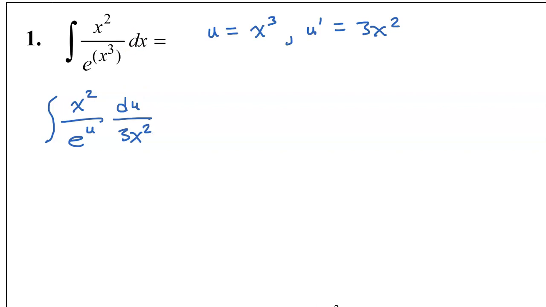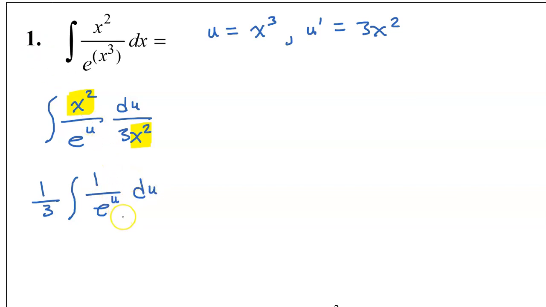But then we notice that we have x squared in the numerator and in the denominator, so these will cancel each other out. The 3 in the denominator can be brought out in front of the integral as 1/3. So now we have 1/3 the integral of 1 over e to the u du.